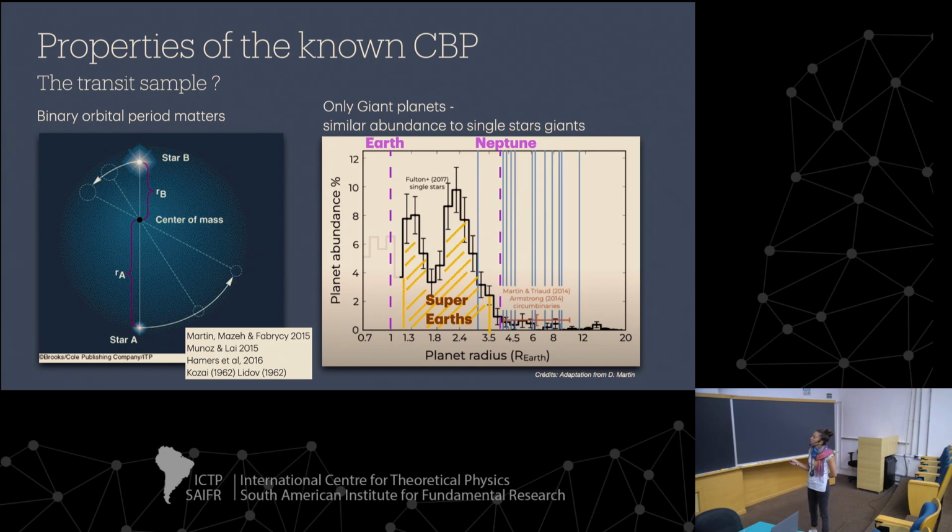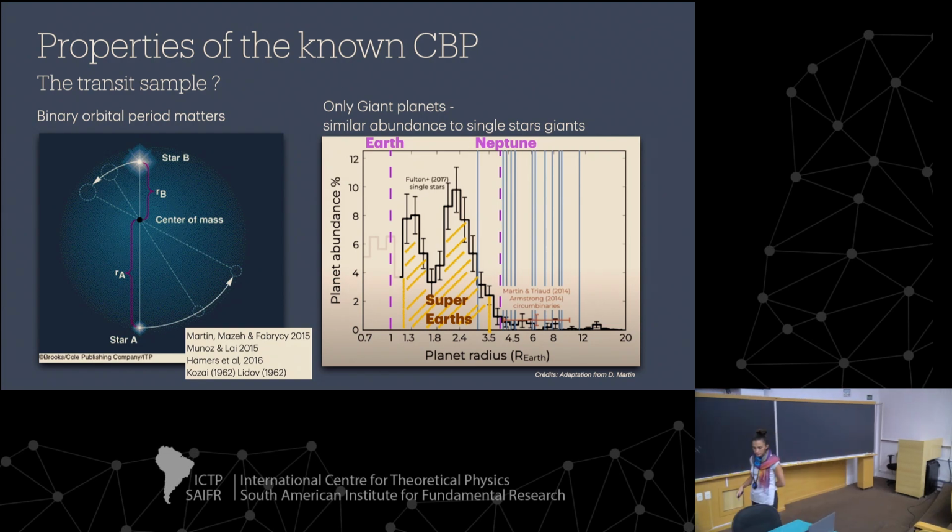And then with a small sample that we got, we found that the occurrence rate of circumbinary exoplanets is exactly the same as the giants. So on this side, of course, they are all giant exoplanets. So the circumbinary exoplanets are all giants, and the occurrence rate is similar to the black line, which is the occurrence rate, well, the abundance, as you wanna use this word, of the giant planets around single stars.